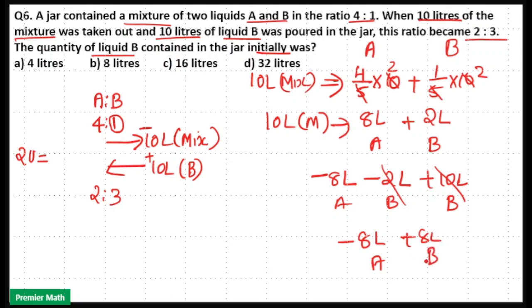That means 8 liters B added and 8 liters A taken out, so 2 units is equal to 8 liters. So 1 unit is equal to 4 liters. In the 4:1 ratio, the B part is equal to 1 unit, so this will be 4 liters. So your answer is option A, 4 liters.